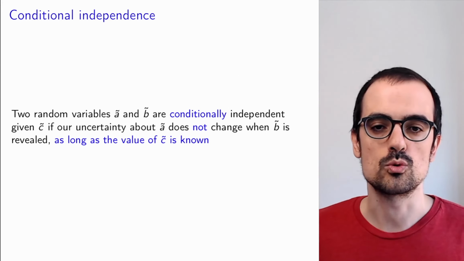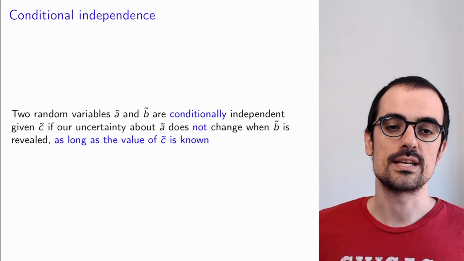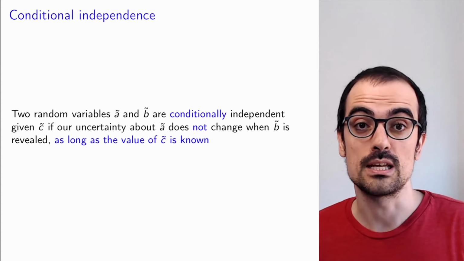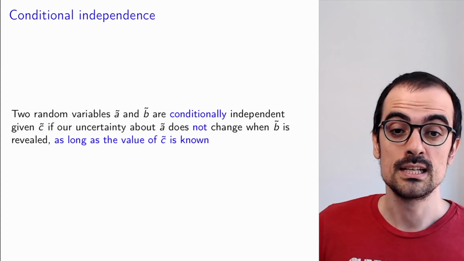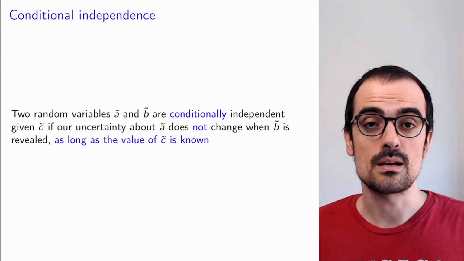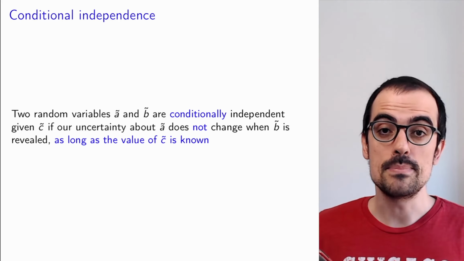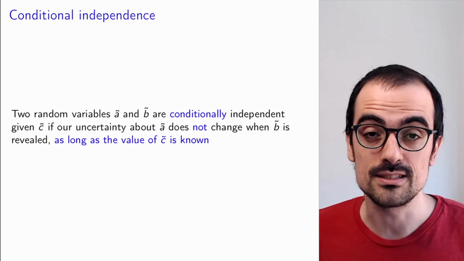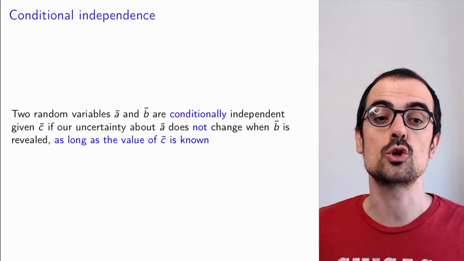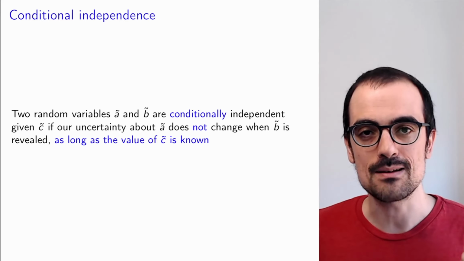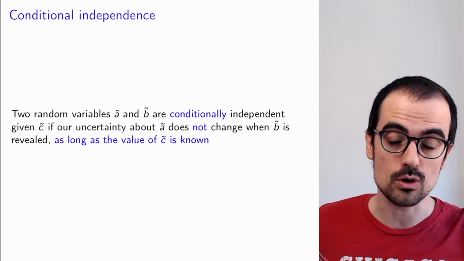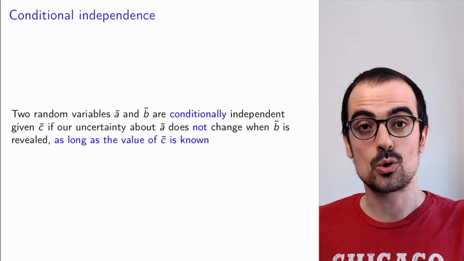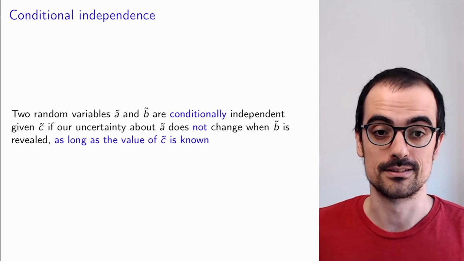When we extend this to random variables, when we say that A and B are conditionally independent given a third random variable, that means that knowing some information about B does not change our uncertainty about A as long as we also know C. So in our example, we need to know Corvallis. If we don't know Corvallis, then Coos Bay and John Day are definitely very dependent.